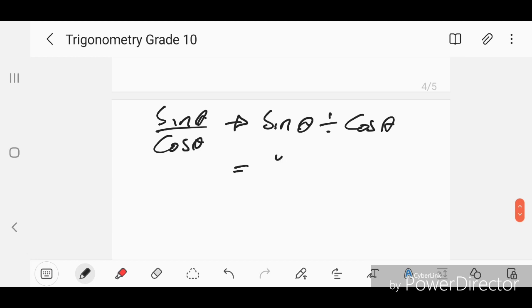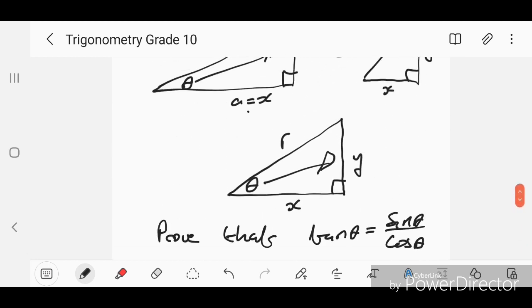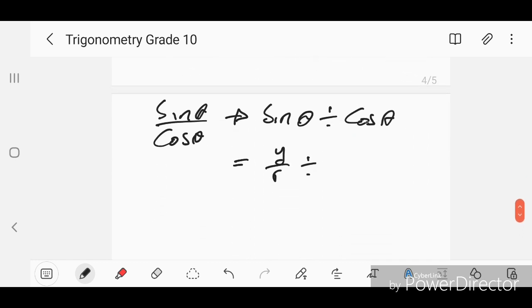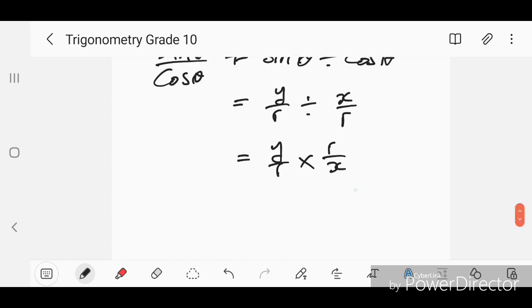So opposite, that's y over r, divided by adjacent, that's x over r, because this one is adjacent over hypotenuse, so that's x over r. And algebraically we know that if we turn this into a multiplication, this guy will swap, so r goes to the numerator, and the r's cancel each other.